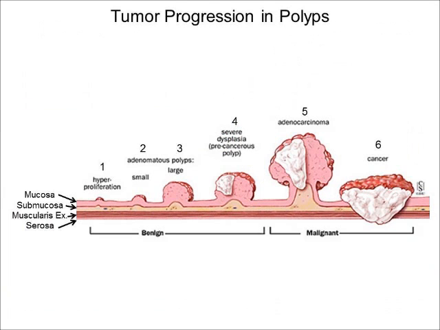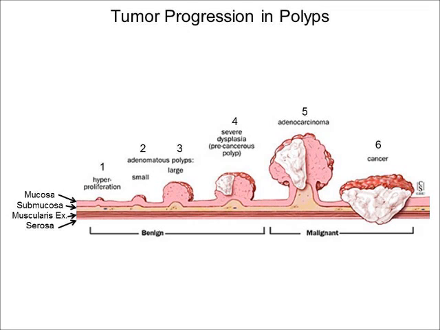This slide shows the structures of polyps, ranging from normal hyperplasia to invasive adenocarcinoma. The structure labeled 1 is simple hyperplasia and does not indicate an increased risk of cancer. Structures 2 and 3 represent adenomatous polyps, in which the epithelial cells show some signs of dysplasia, but this condition is still considered to be benign.